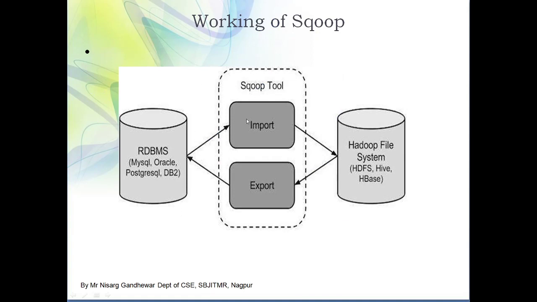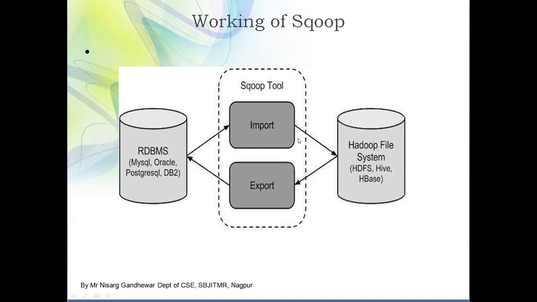Working of Sqoop: here we can see this is the RDBMS, and that RDBMS may be MySQL, Oracle, PostgreSQL, or DB2. Suppose your data is present in the RDBMS and you want to store that data into HDFS. In that case you are going to make use of Sqoop. This process is an import process, importing structured data from RDBMS and storing it into Hadoop HDFS, Hive as well as HBase.